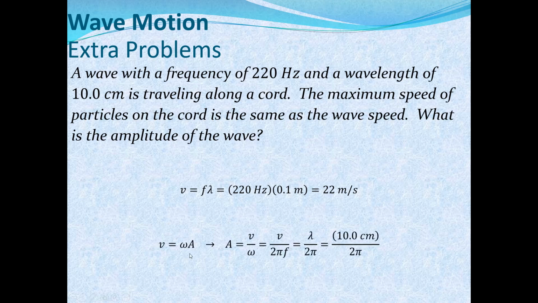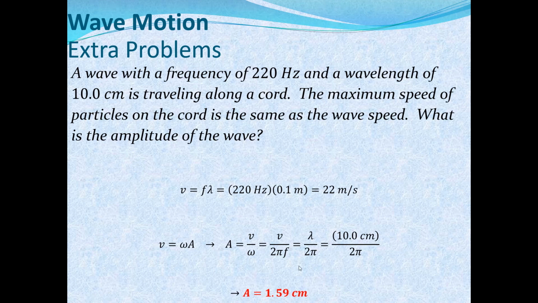If you remember, it was this equation: v max equals omega, the angular frequency, times the amplitude. Moving the terms around and plugging 2 pi f in for the angular frequency, we end up getting this. This is actually what it simplifies to. And we get that the amplitude is 1.6 centimeters.